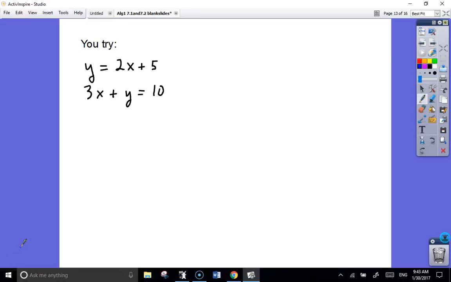One of them was already solved for y, so I didn't have to do that part. What did I do next? I take that 2x plus 5 and I put it in the place of y there. So it's 3x plus 2x plus 5 equals 10. I've seen some of you going around that you have that in parentheses, which is okay.